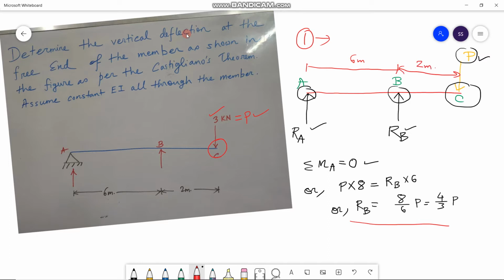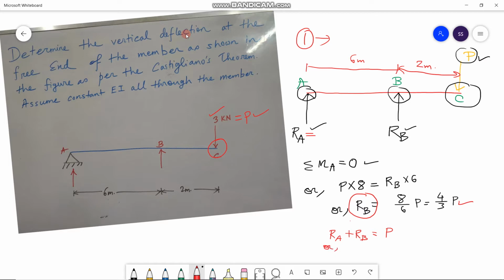So we get RB equals 4 by 3 P, and now we have to calculate RA, that means the reaction force working at point A. So we have RA plus RB equals P.